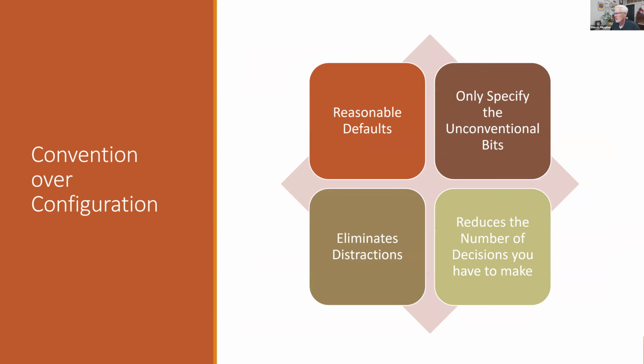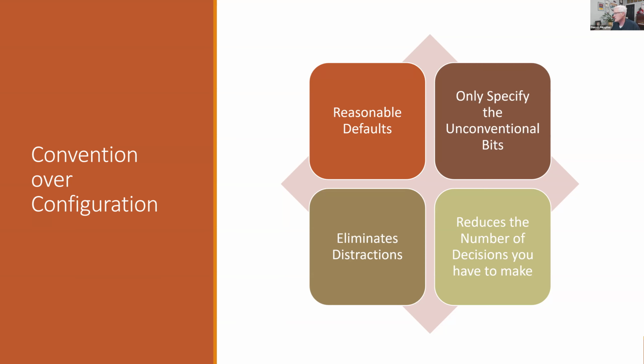Okay. All right. Let's go over convention over configuration a little bit more in depth. When I look at it, if I do it right in a framework, it means I have reasonable defaults in the framework itself. Meaning, where's my source code? Or if I don't pass in a parameter, do I have a reasonable default for that value that it gets assigned all the way down?